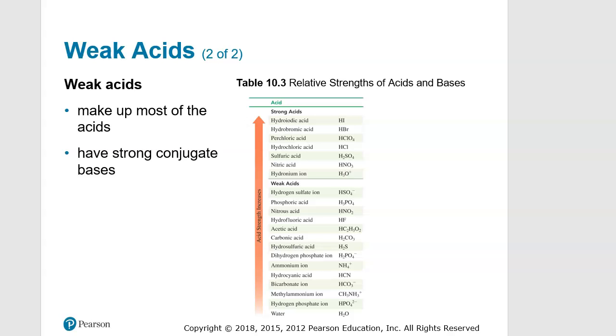You need to sit down and think about this. Strong acid, weak conjugate base. Weak acid, strong conjugate base. So that's just some things to keep in mind. Those trends occur, and then they said the relative strengths of acids and bases.